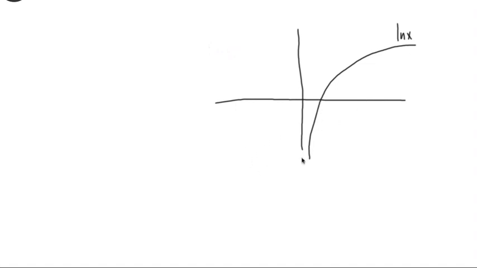We know that the graph is increasing because as the value of x increases, the value of y also increases. We also know that the graph is concave downward.